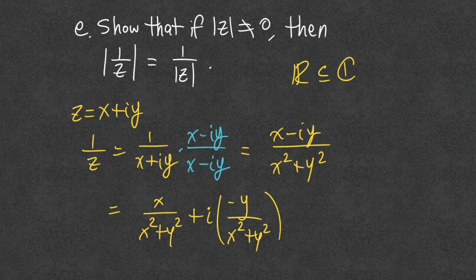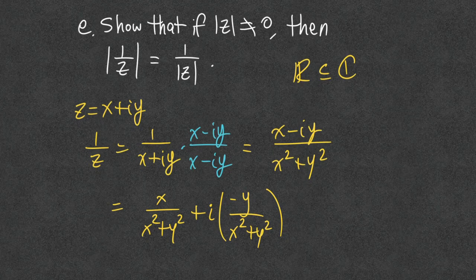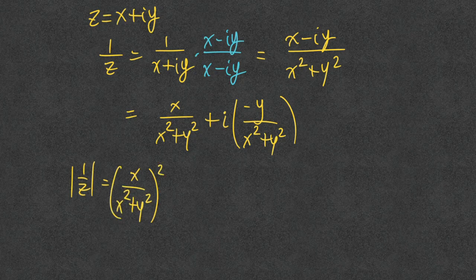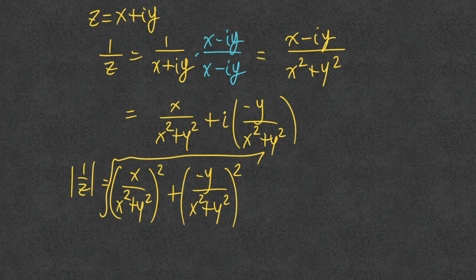Okay, and so then we want to figure out the modulus of this guy. And so what's the modulus going to be? Well, the modulus of 1 over z is just going to be the real part squared, so that's the real part and we're squaring it, plus the imaginary part squared, and then, of course, square root.